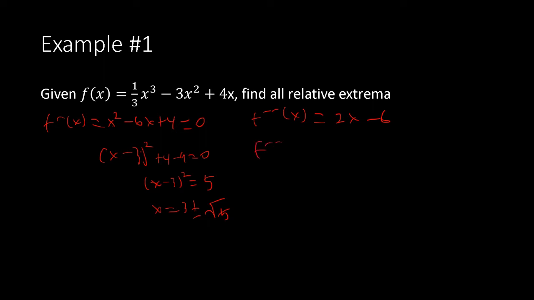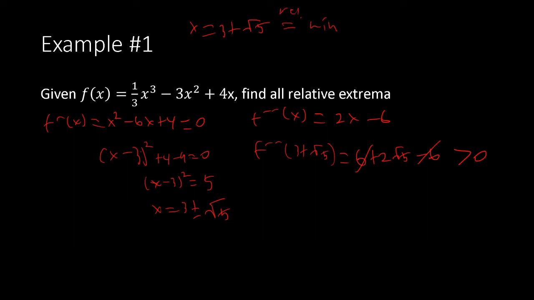So f double prime of 3 plus square root of 5 is 6 plus 2 square root of 5 minus 6. These cancel. 2 square root of 5 is greater than 0, which means that 3 plus square root of 5 is going to be a minimum. This is a relative minimum.